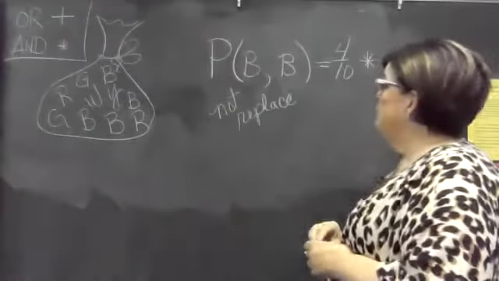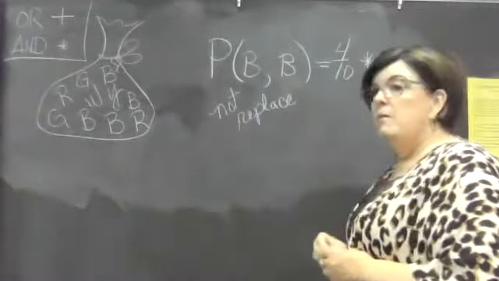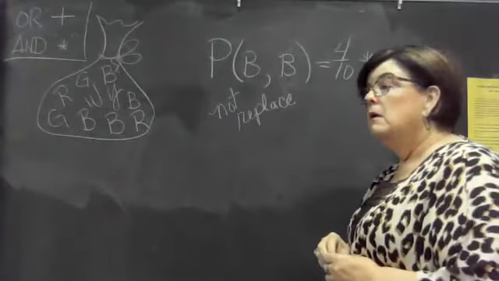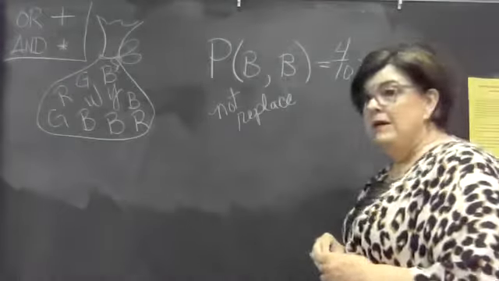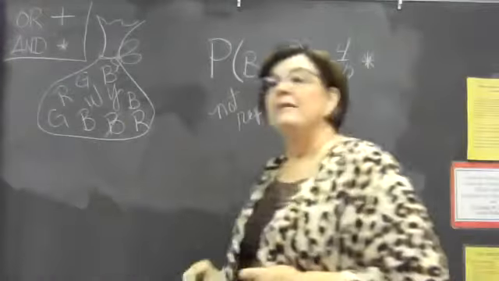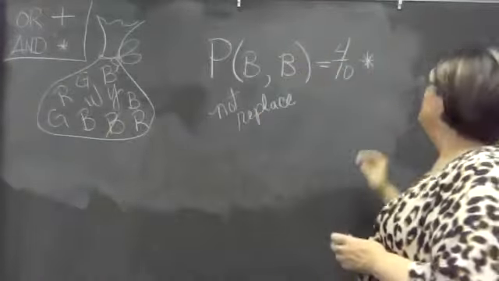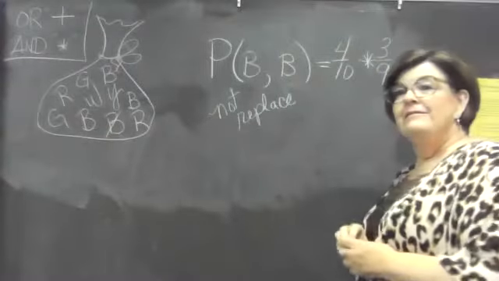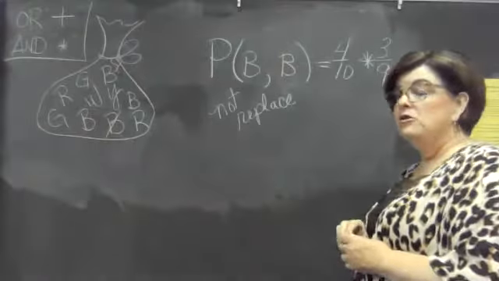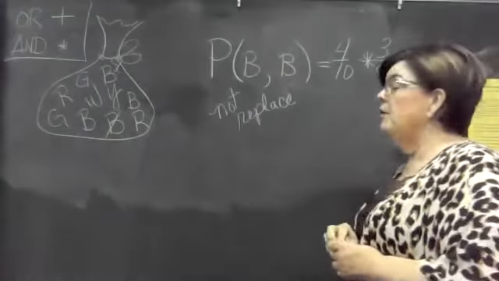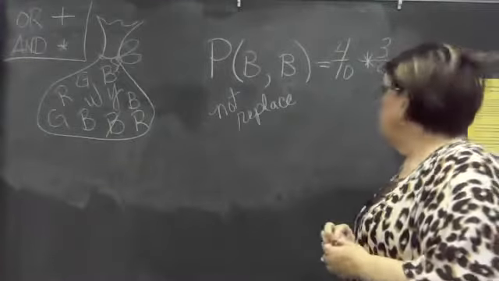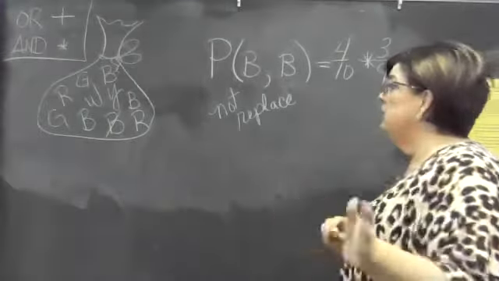Now, what is the probability of getting another blue out of that bag? 3, because I left one out. So it's 3 out of 9 now. Y'all see? So you've got to be careful and read in the problem whether they're putting the stuff back or whether they are leaving it out.